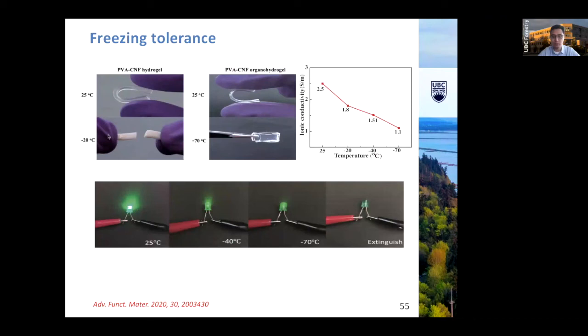For example, if you like outdoor activities, like skiing, you go to the mountain, it can still work, right? For those conductors, the conductivity will reduce as you reduce the temperature, which is obvious, but it can still light the light bulb even at negative 70 degrees Celsius.